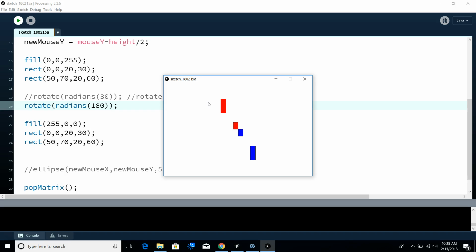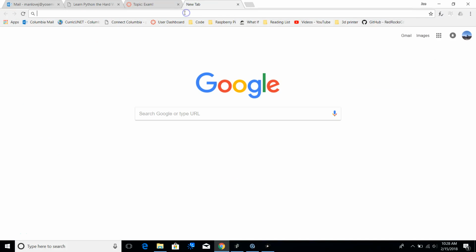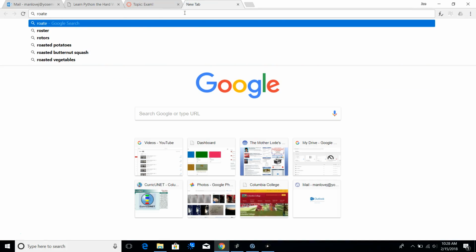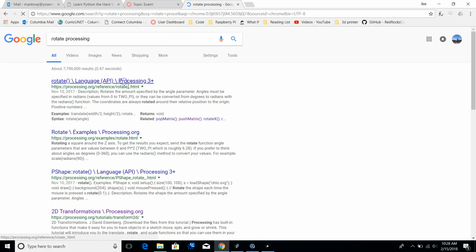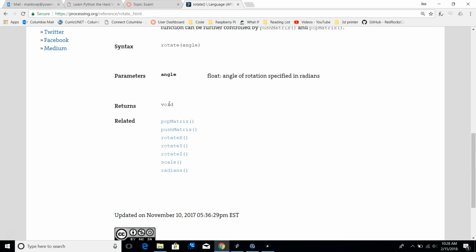So what you need to do is get a little creative and go look up rotations. So if I go to the API, rotate, Processing, and then you go down in here a wee bit, you see that there's these other versions of rotate, right?